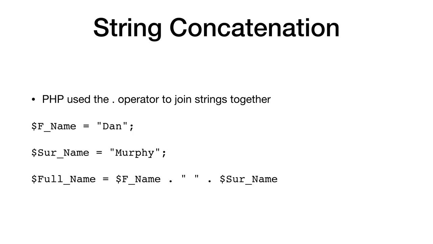So quote space quote, dot, then variable surname. And so those dots there add the three strings together. So the Dan part, space, and Murphy get joined together. So that's string concatenation in PHP.